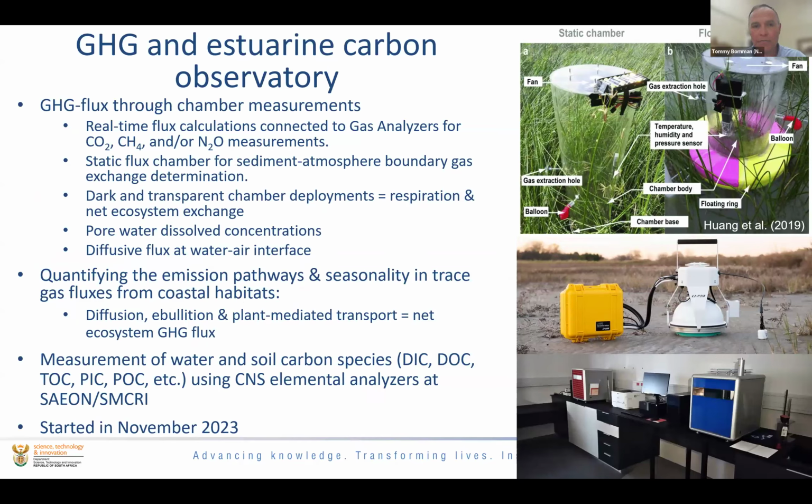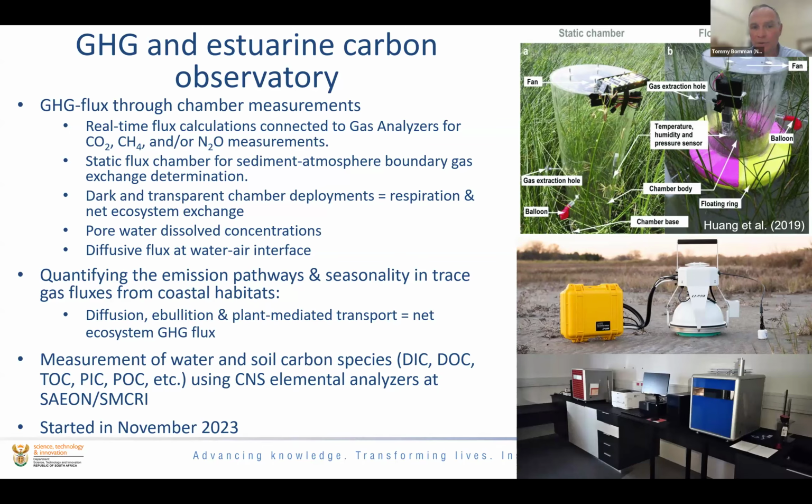You're looking at a couple of million rand once-off procurement for the instruments, and thereafter the cost of collecting this type of data on carbon dioxide, methane, and nitrous oxide is not too much. So it's quite easy for most research laboratories and countries to operate a system like this. But it collects really valuable data.